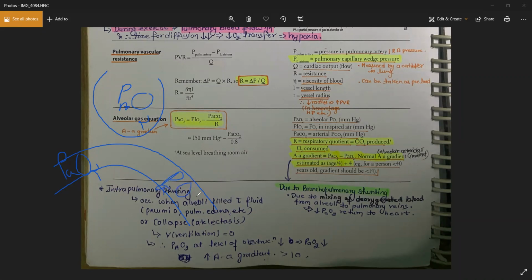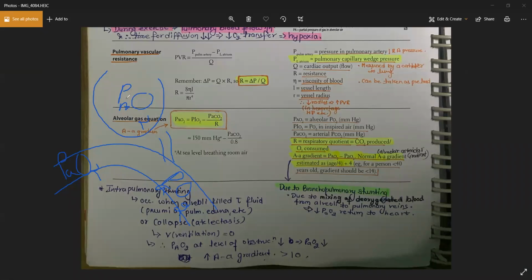Because oxygen is a perfusion-limited gas, it will readily reach the normal level in the blood. It will saturate the hemoglobin with oxygen instantly. So as soon as this vessel leaves the alveoli, its PaO2 is equal to the PAO2, approximately. A slight difference could be there, but for the majority it will be the same.